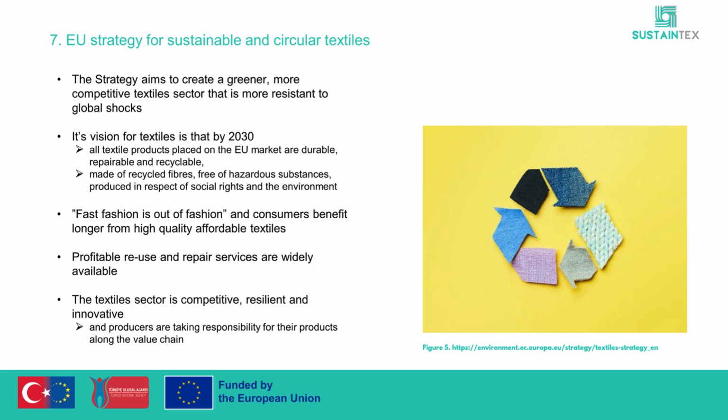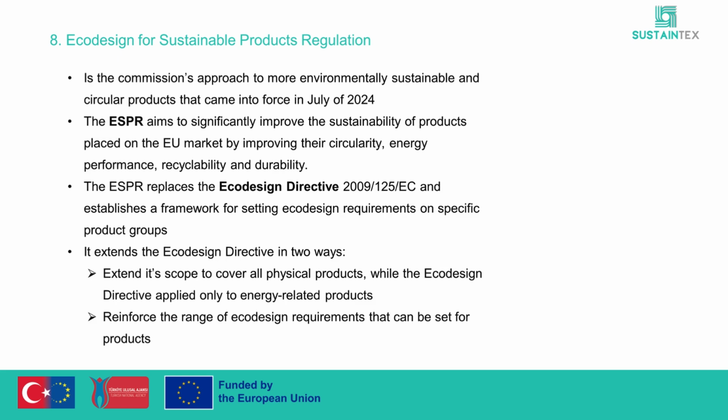along the value chain. Eco-Design for Sustainable Products Regulation, ESPR, that came into force in July 2024, is the Commission's approach to have more environmentally sustainable and circular products. It aims to significantly improve the sustainability of products placed on the EU market by improving their circularity, their energy performance, their recyclability, and durability.